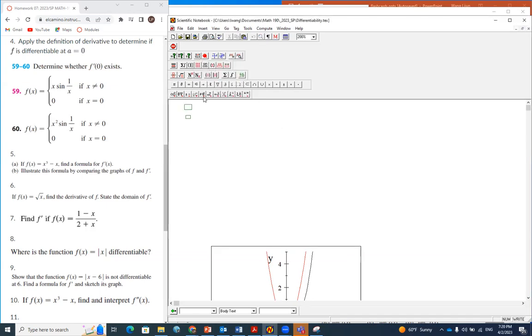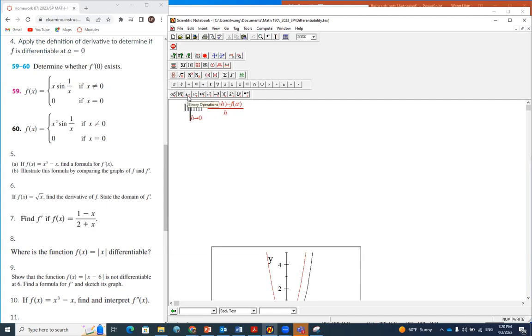For any function that's given, the ultimate definition: when h is approaching 0, f of a plus h minus f of a, divided by h.